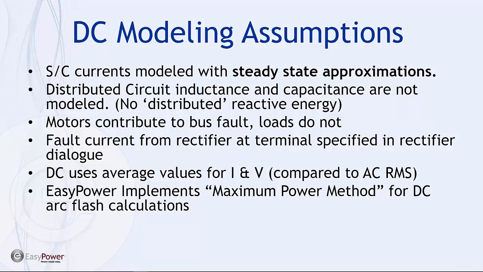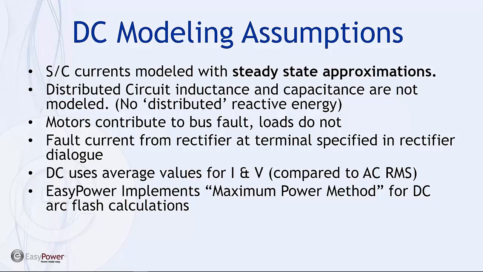The short circuit current is modeled with steady state approximations, and we have not included any distributed inductance or capacitance, so the only contributing elements to a fault in terms of reactive fields that would collapse at a fault would be the motors. So consequently there's no inductance or reactance in the cables, and basic resistive loads don't contribute to a fault.